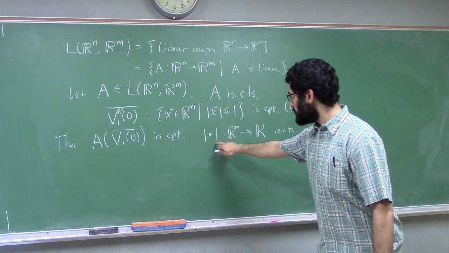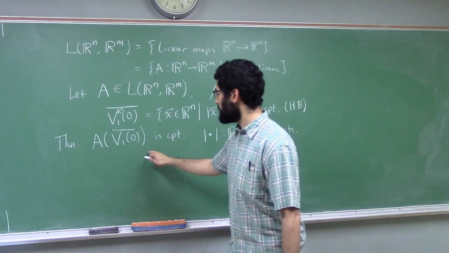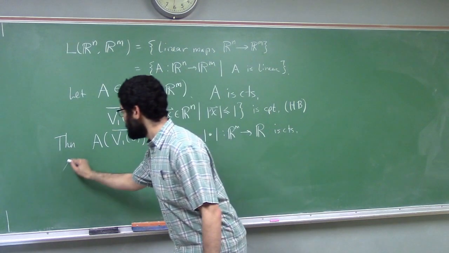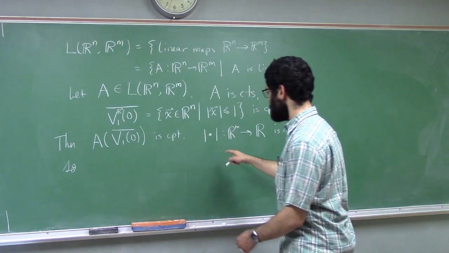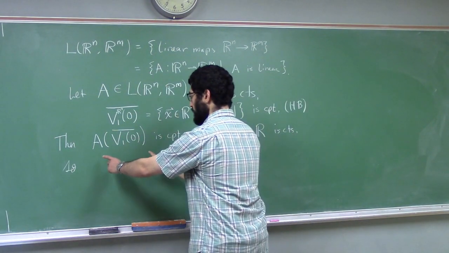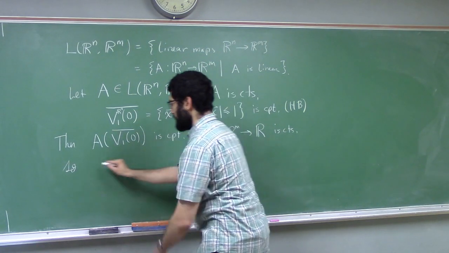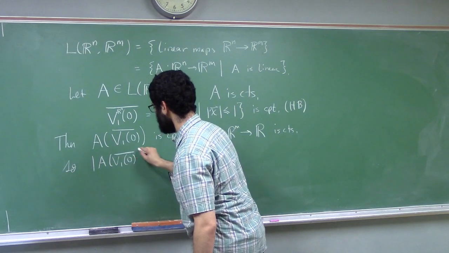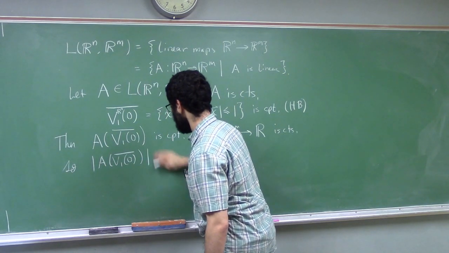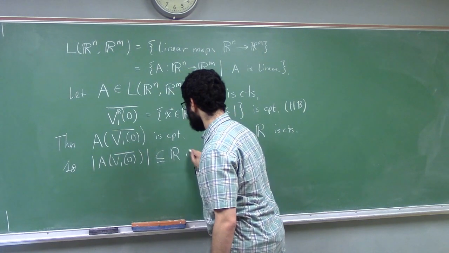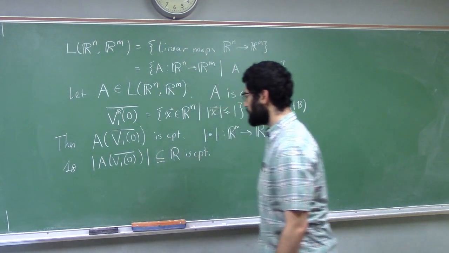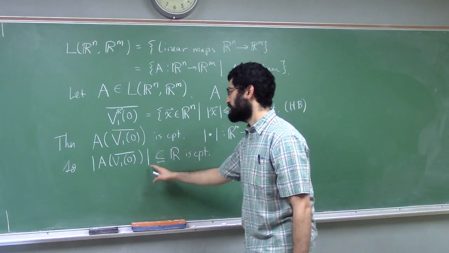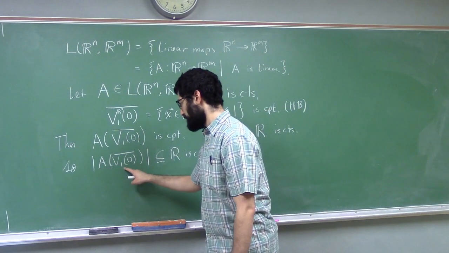So the image under the norm function of this set is also a compact subset of R. Allow me to express the image under the norm function of this set by just writing bars around this set. So this is a subset of R which is compact, a non-empty compact subset of R. This is definitely non-empty because I'm taking the image of a non-empty set.